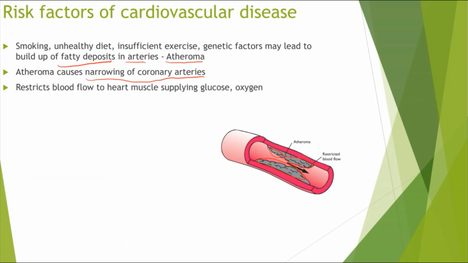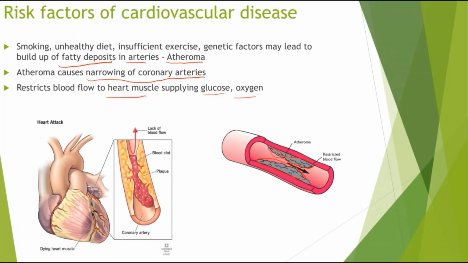Because of these atheromas, these fatty deposits, it restricts the blood flow to the heart muscle, which supplies glucose and oxygen. Looking at a diagram again, as you can see, outside the heart we have these fatty deposits forming, which is restricting the blood flow.